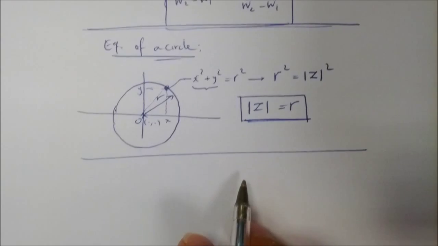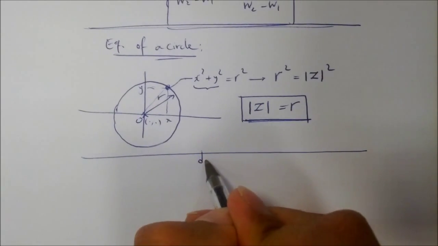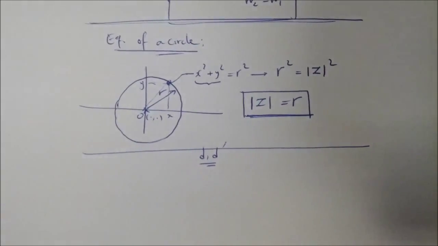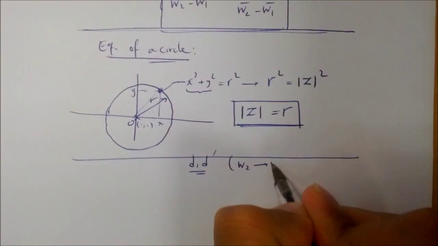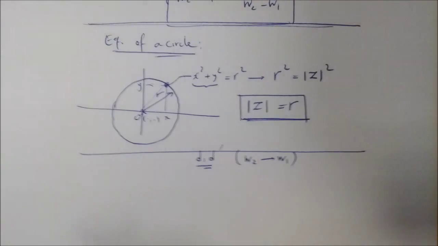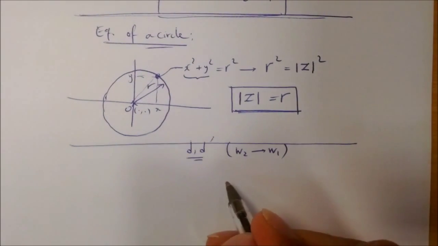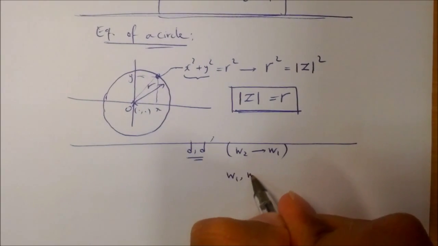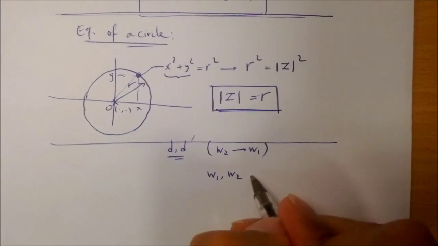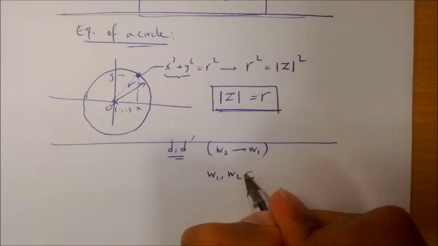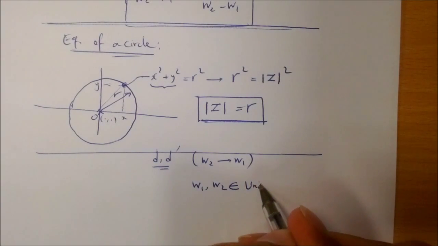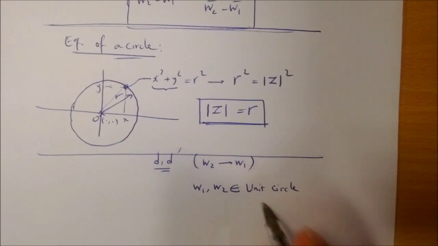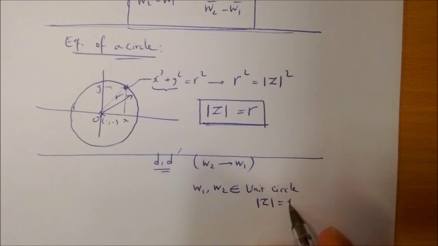If I consider the equations of the lines d and d prime, but in the case in which W2 tends to W1, and I assume that W1 and W2 belong to the unit circle, in fact norm of z equal to 1.